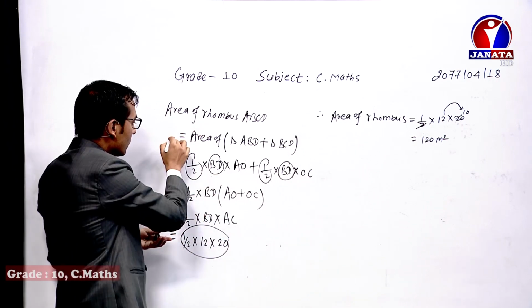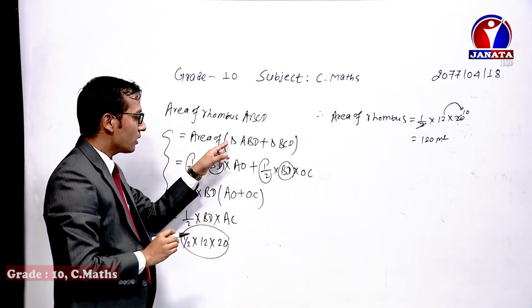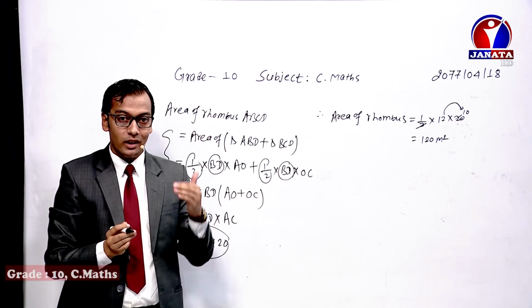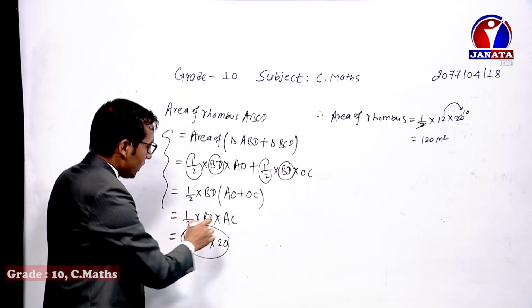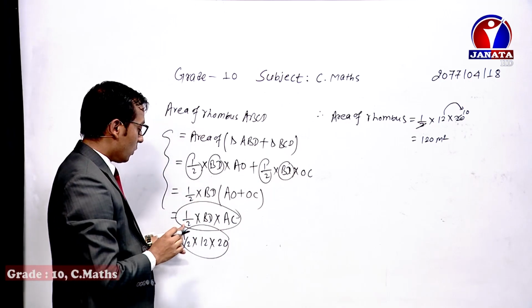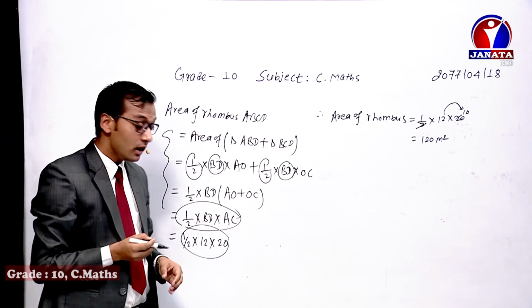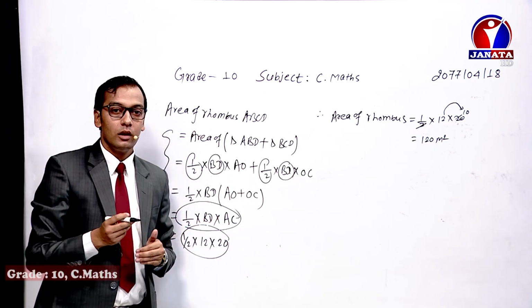Here, this is the main concept: how do we obtain the formula for the area of a rhombus? But if we memorize the direct formula, it is 1/2 times BD times AC. BD and AC are the diagonals.